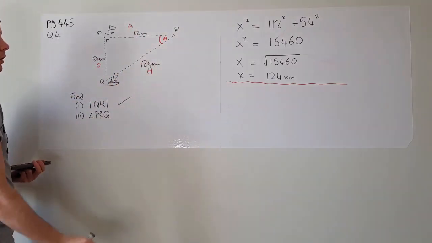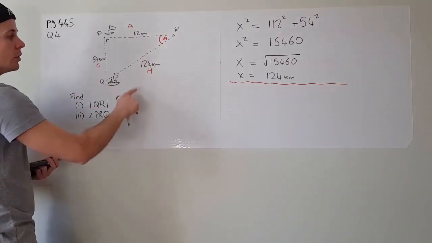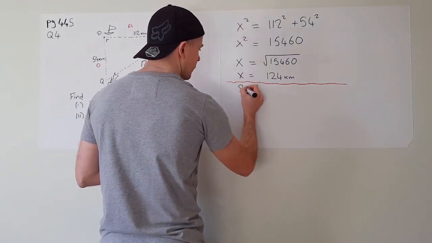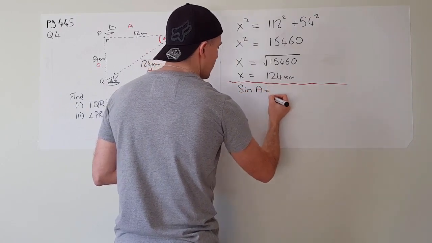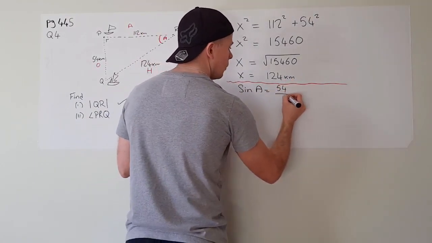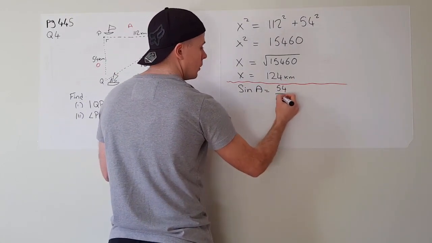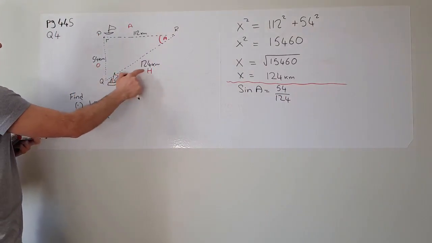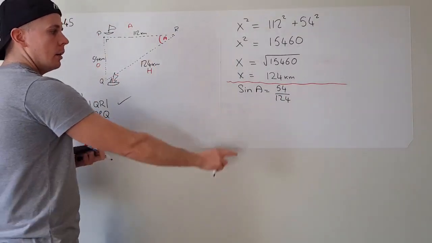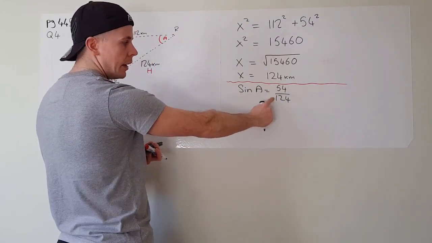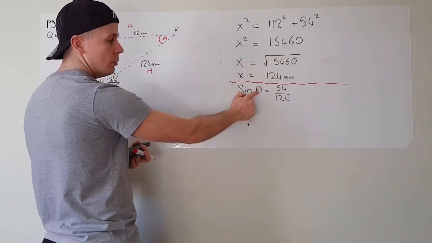So which value do you want to use? We'll go for the first one there, which is sine. So we're going to sine the angle A. Silly old Harry: 54 all over the hypotenuse, 124. Alright. Sine of some angle A is equal to this fraction. How do we get the value of the angle?